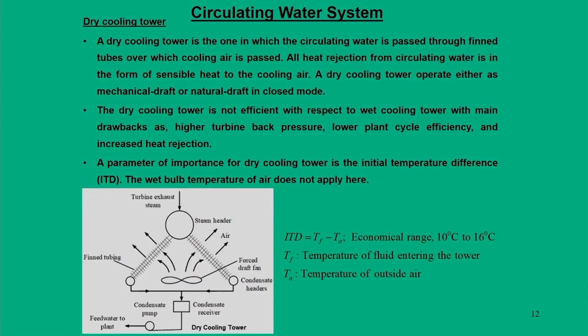The air and water do not mix; rather, the circulating water is passed through finned tubes over which cooling air is passed. Heat rejection from the cooling water is in the form of sensible heating of the air. Since we do not consider water vapor, the wet bulb temperature of air does not apply here. The most important term here is the initial temperature difference.